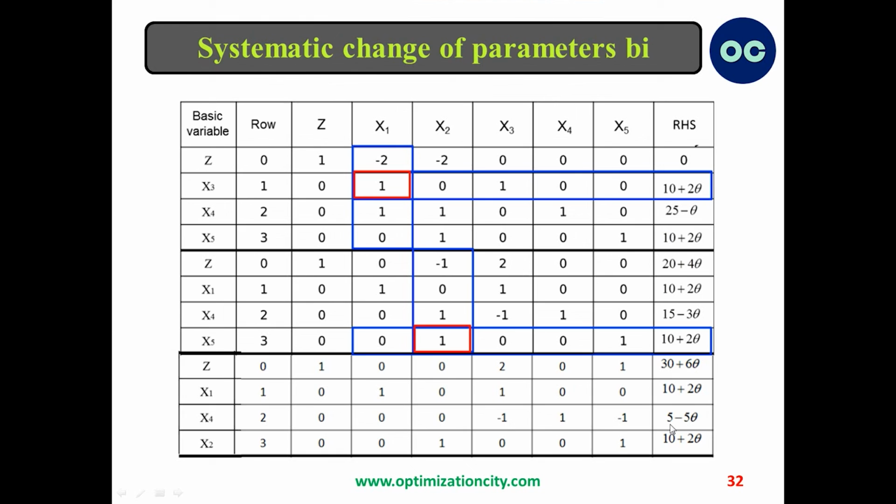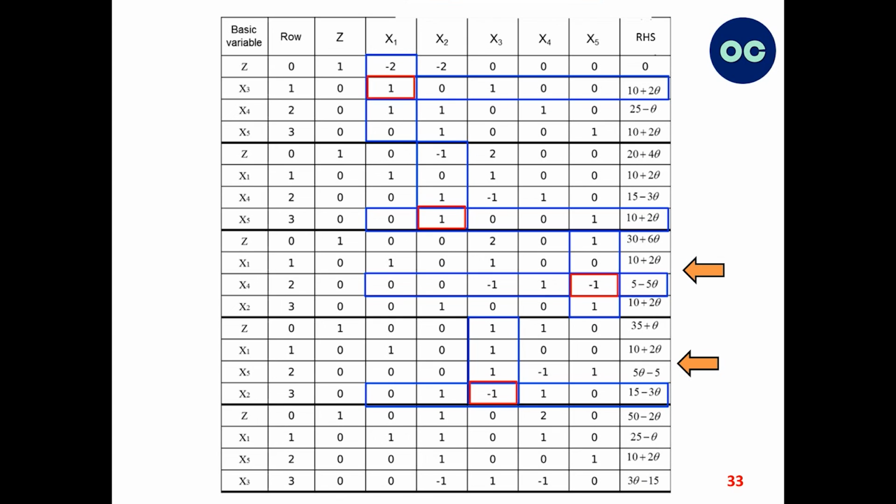However, for theta greater than 1, the variable x4 exits, and x5 enters the base using the dual simplex method.